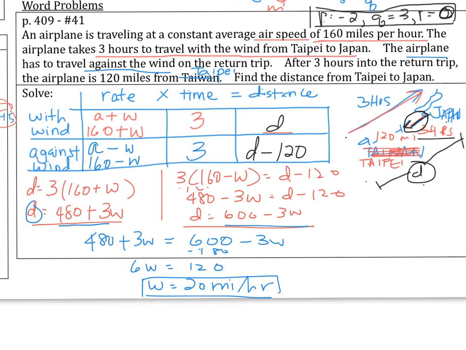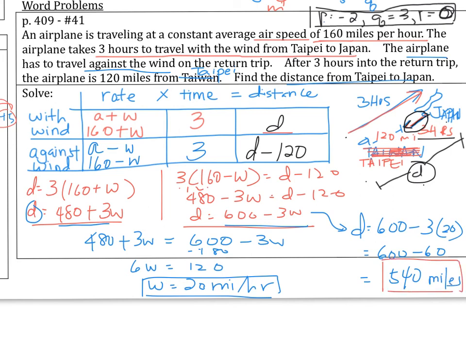Well, the problem wants you to find the distance from Taipei to Japan. So we use this equation here, and we need to take 20 and substitute it in for W using one of these equations. So 600 minus 60 would give you 540 miles. So your final answer is 540 miles. This concludes the lesson.